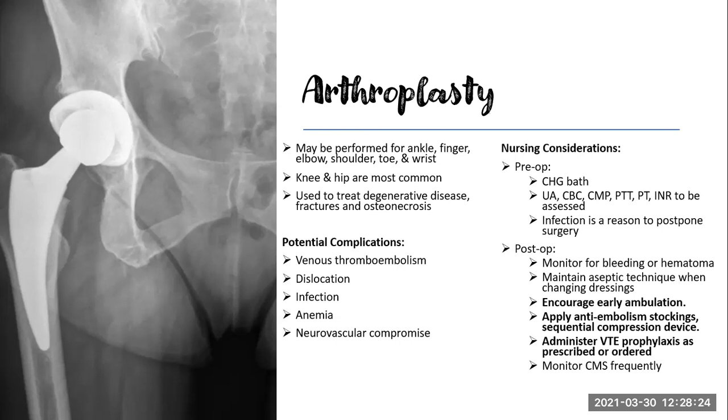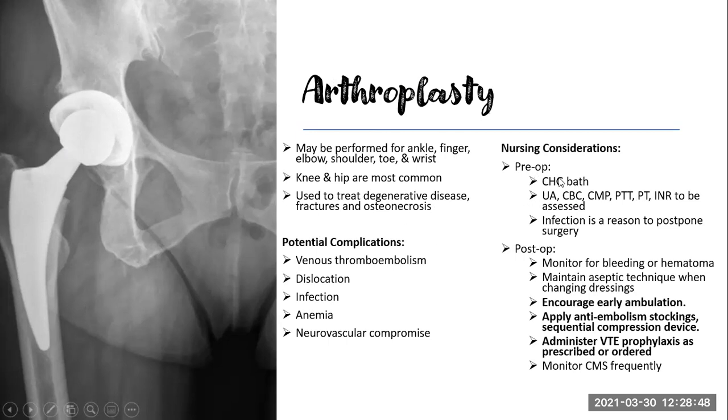The big thing about arthroplasty, again, don't focus so much on the intra-procedure, but more so on what your nursing considerations are. For one, infection and preventing infection is huge. It is so easy for these patients to go septic with this new foreign body.